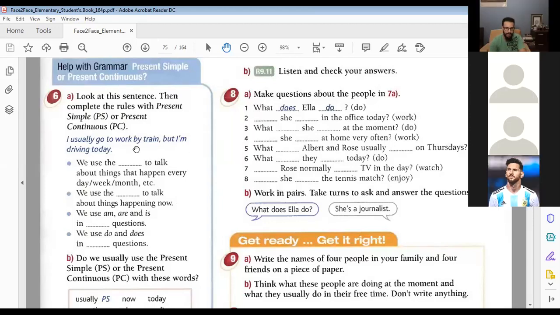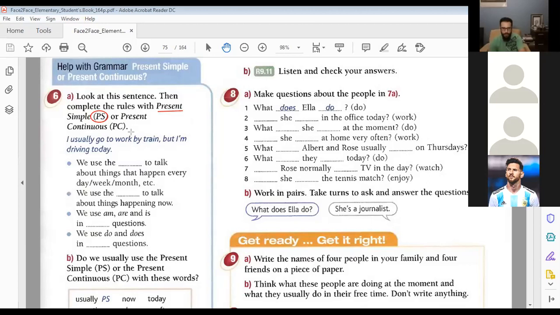Look at this example: I usually go by train, but I'm driving today. If you want to use the present simple, we say PS. If you want to use the present continuous, we say PC, okay? So present simple PS and present continuous PC. Let's use a circle. It's easier this way.